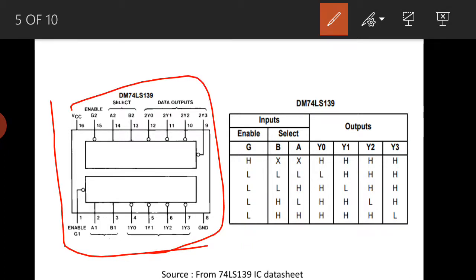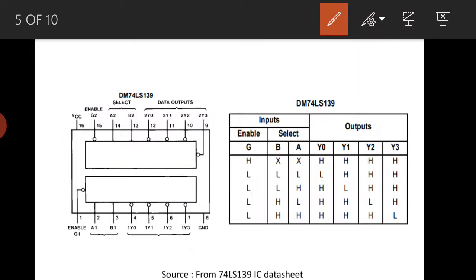You can see the enable signal, input signals, output signals, and again input signals, output signals, and enable. This is one decoder and this is one more decoder. So it is a dual 2:4 decoder in one IC, and that is the 74LS139.